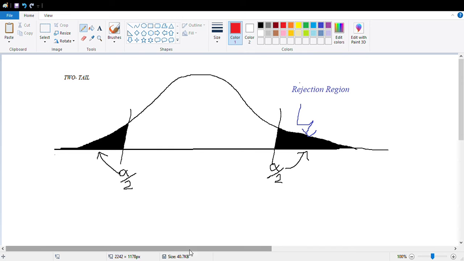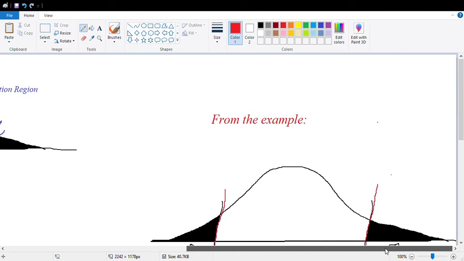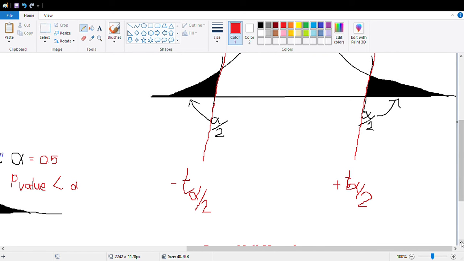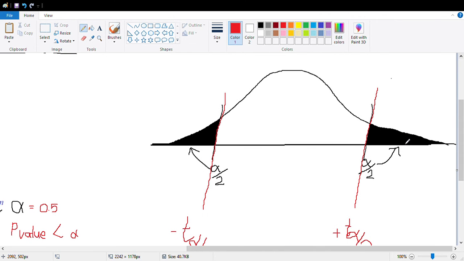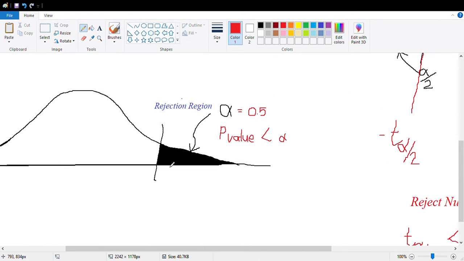To make it clearer, let us go to what we did in our example. In our example, we have this curve. We have shown in our example only one tail, such as this.